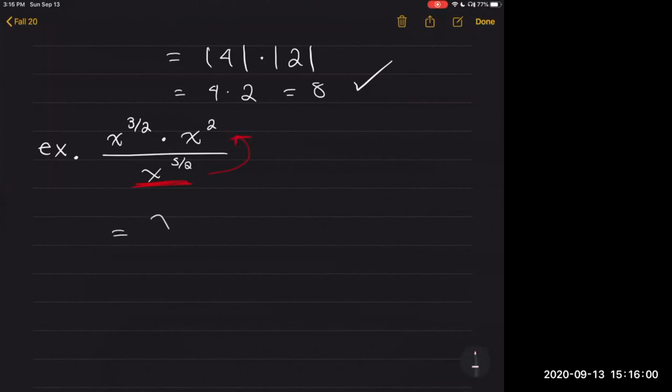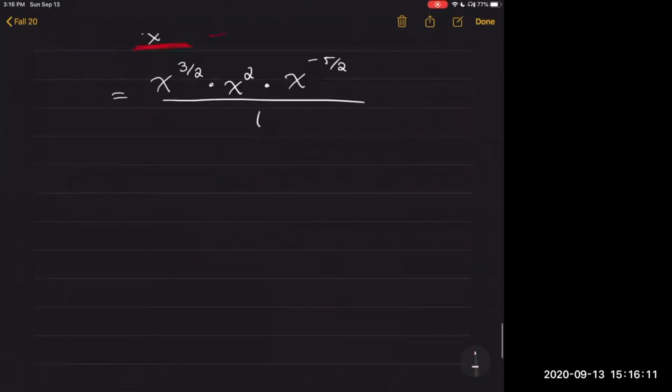And we'll see why in a minute. So I'm going to take x to the 3/2 times x squared times x to the negative 5/2 all over 1. And the over 1 doesn't matter, so I can just write this as x to the 3/2 times x squared times x to the negative 5/2.